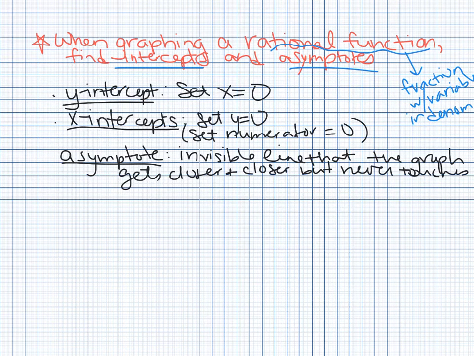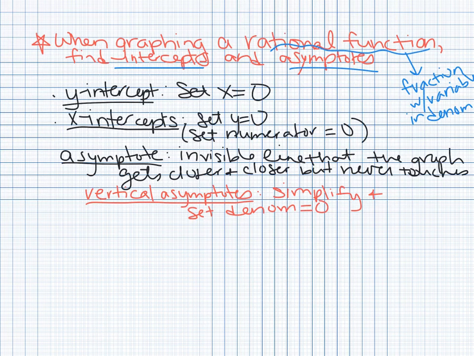We have our vertical asymptotes and our horizontal asymptotes. So the vertical asymptotes, all you need to do for these is, first of all, you have to simplify the problem. And then you set the denominator equal to 0. So the vertical asymptotes are going to occur at x values that are not in your domain. So it's going to be pretty much the same process as we did in the beginning with finding your domain.